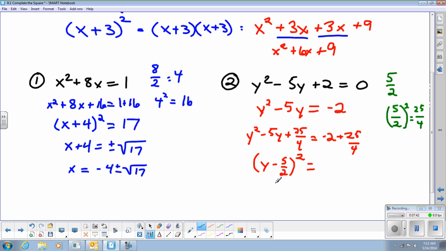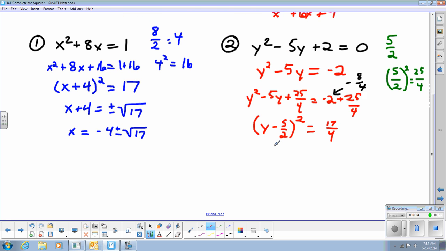Let's take a look at that. Negative 2, if I put that in terms of fourths, is the same as negative 8 fourths. So negative 8 fourths plus 25 fourths gives me 17 fourths. What's my next step?